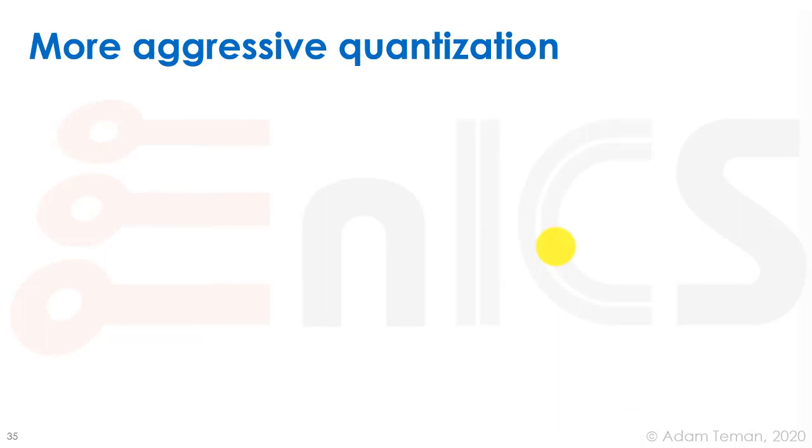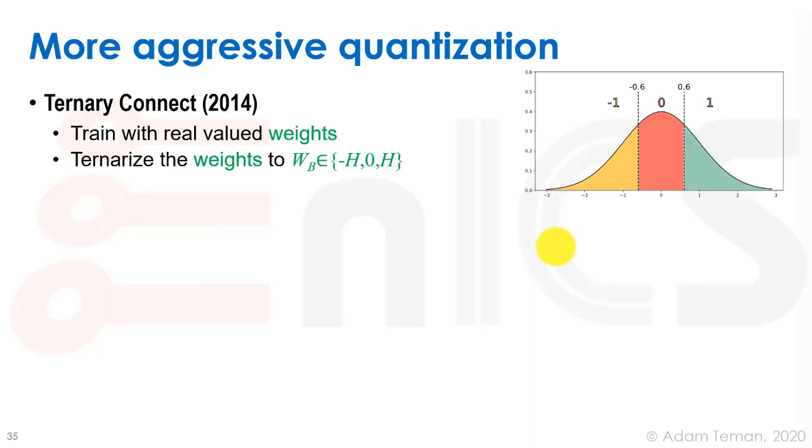So that was a very aggressive trained quantization, but there's even more aggressive quantization that can be shown. One of the first approaches was ternary connect, and there's a lot of work that's been done on ternary quantization, and you can see why. If you have a normal distribution, we can divide the area into 3 values: the value on the left, the value in the middle, and the value on the right.